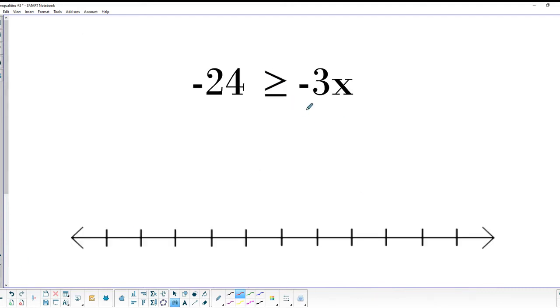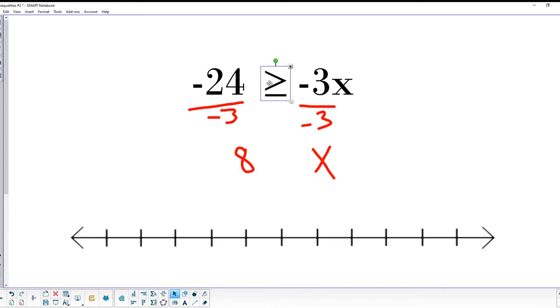How about one like this? Well, even if the negative's on the other side, we divide both sides by -3. We end up with -24 divided by -3, which is 8 on this side, and just plain old x on this side. And once again, because we divided by a negative, in this case we have to swap the direction of the arrow.